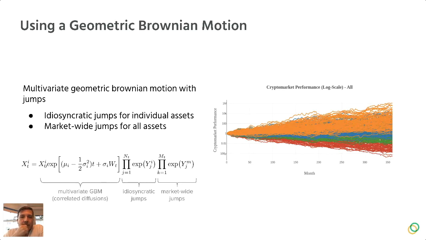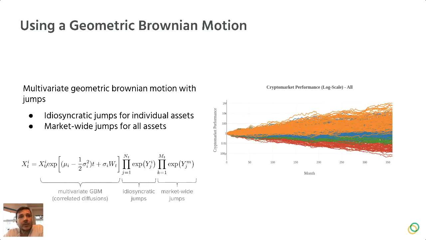In this first part of the formula you can see that it has a mu, an expected value, and a volatility term, in this case sigma or sigma squared, and then some random term that adds the randomness to these expected values.